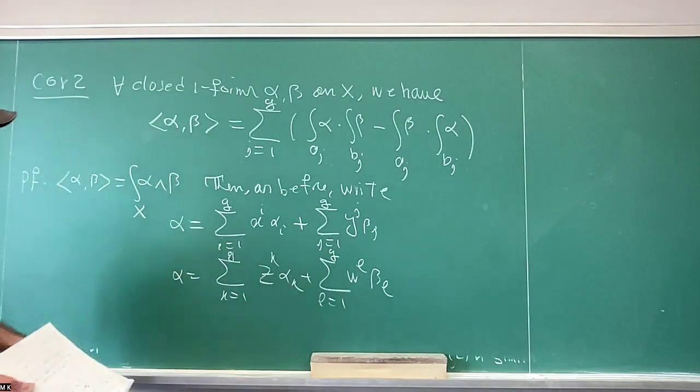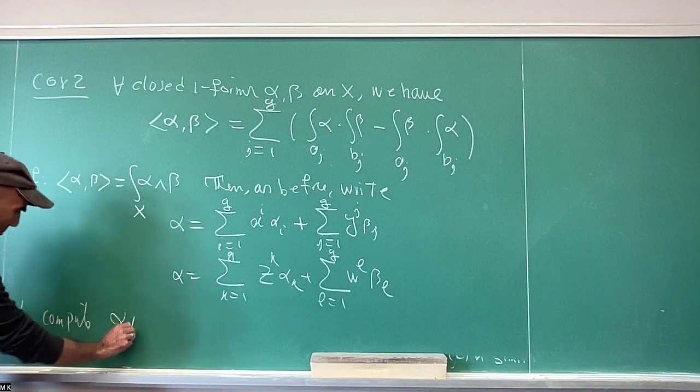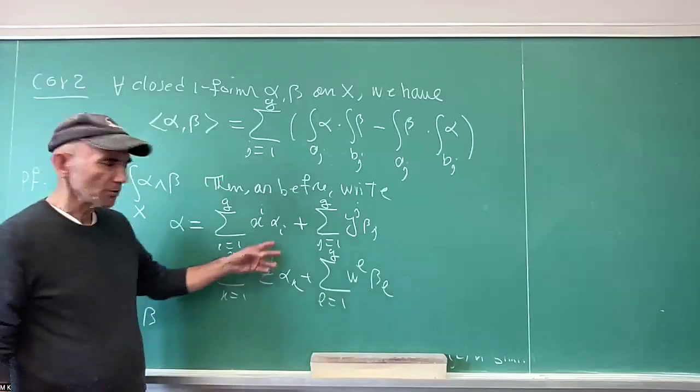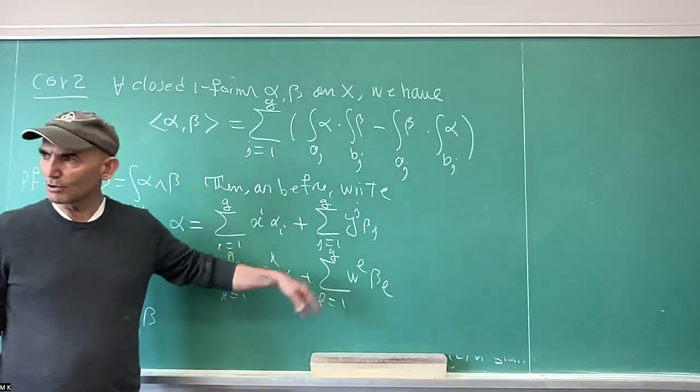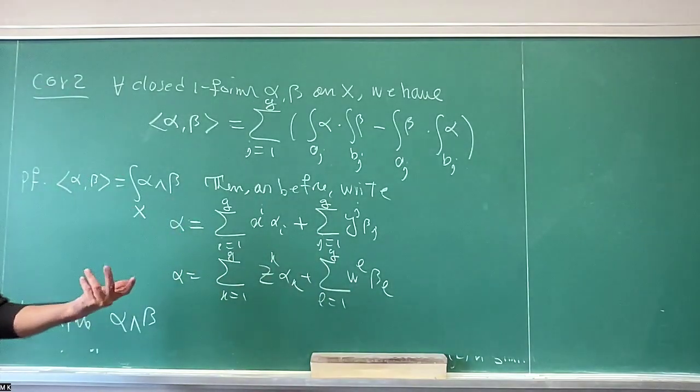Then you compute alpha wedge star beta. If you compute it, you see that there are a lot of terms that are zero, and you use antisymmetry of the wedge product.